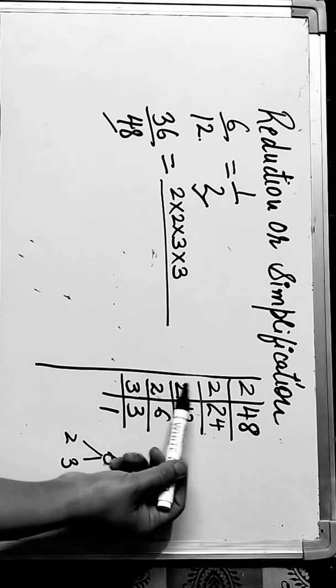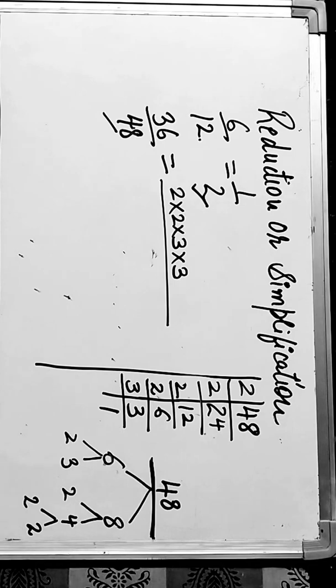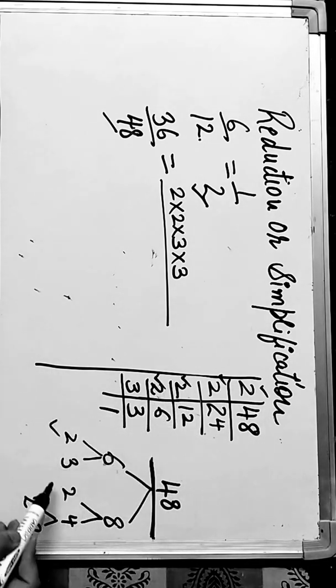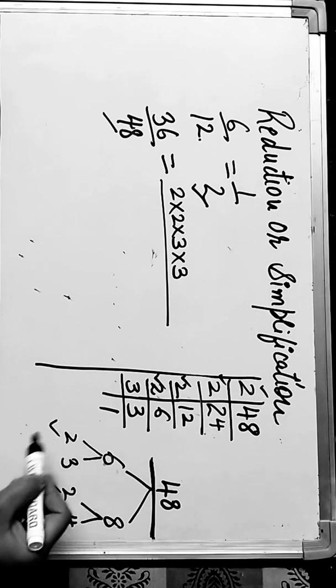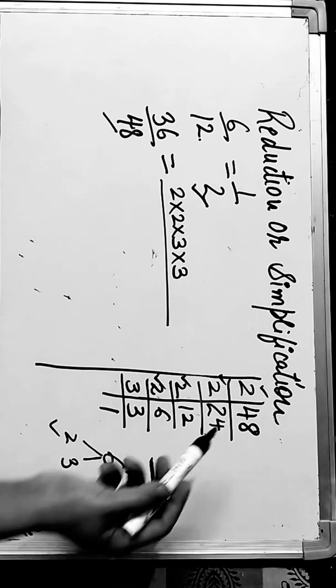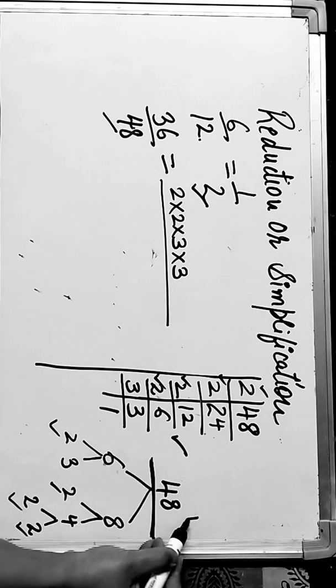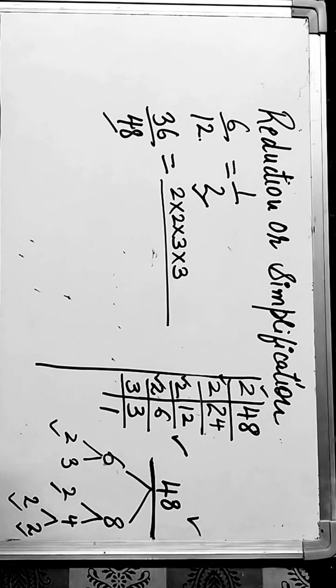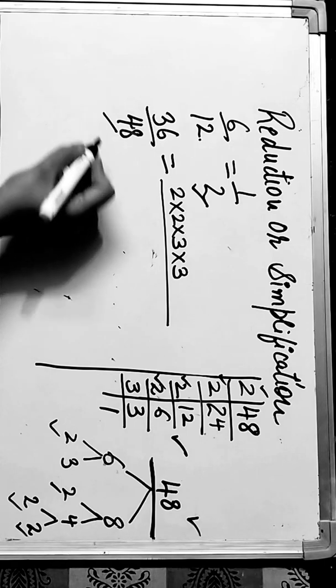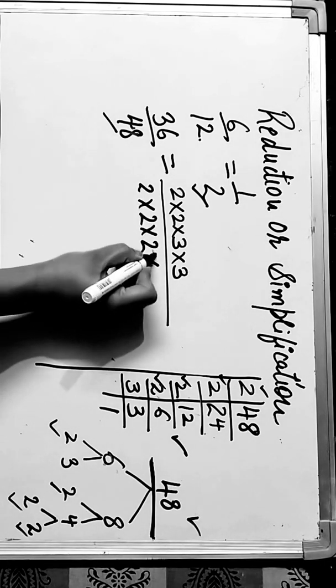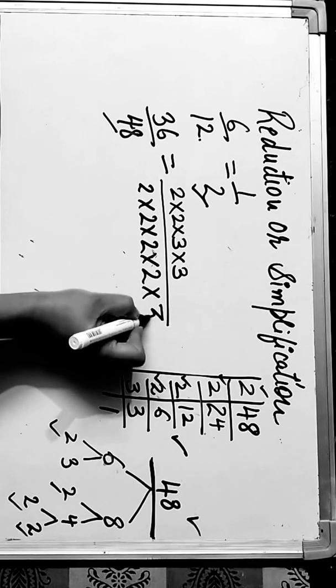Here also 1, 2, 3, 4, and a 3. So both are ways of taking out the prime factors. 48 can be written as 2 times 2 times 2 times 2 times 3.